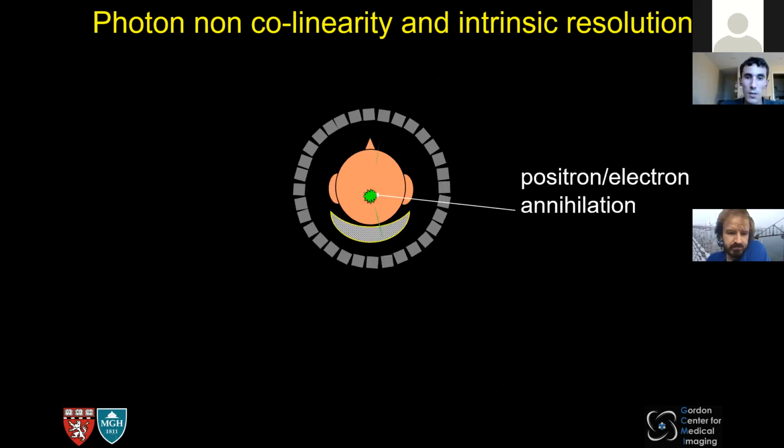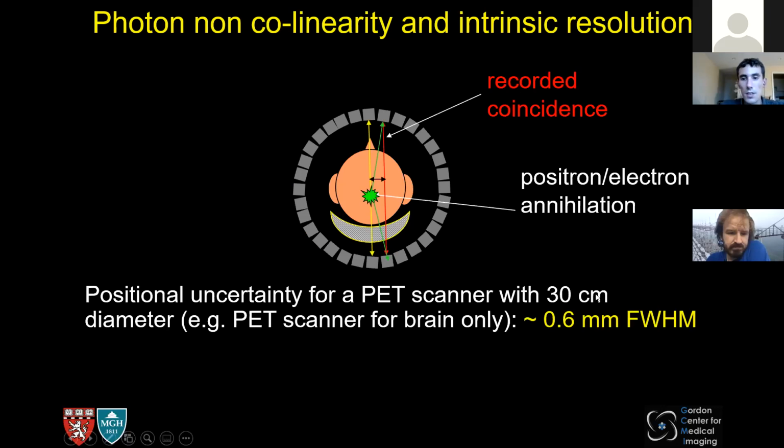Okay, so if you think now of a brain scanner, so here, let's say for a 30 centimeter diameter bore, the same level of non-collinearity in the photons is only going to lead to 0.6 millimeter on average positional uncertainty. Okay, so the same level of non-collinearity has a worse impact on a whole body PET scan than on a brain scanner, basically. So that is positron range and photon non-collinearity.